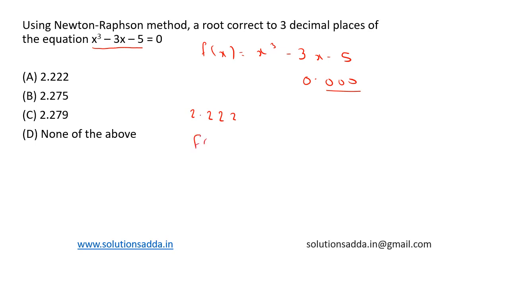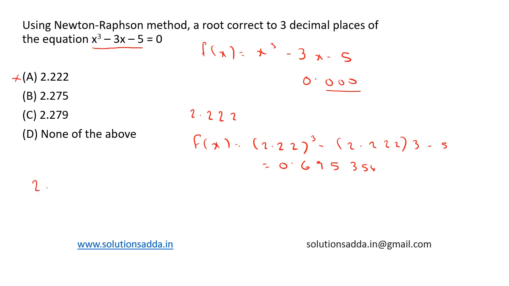So f of x is equal to 2.222 to the power of 3 minus 2.222 into 3 minus 5. This is equal to 0.695354. So this is not getting 0.000 form. This is not the correct answer.